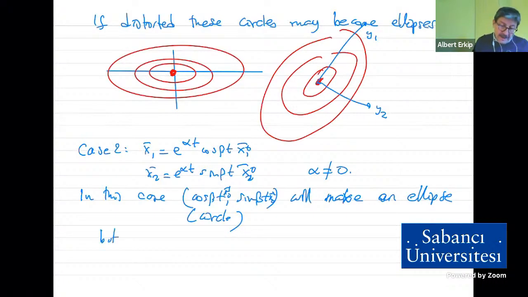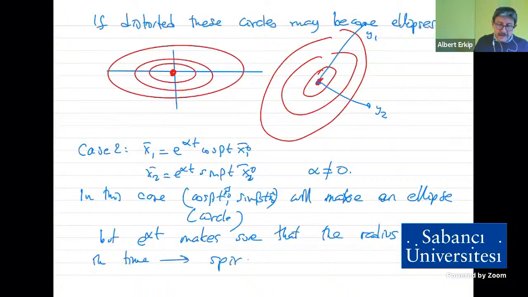But e to the alpha t makes sure that the radius changes in time. So this would get a spiral.